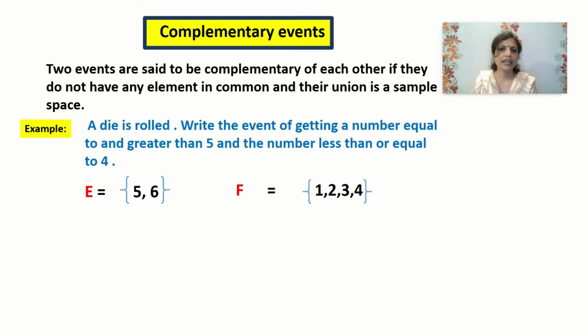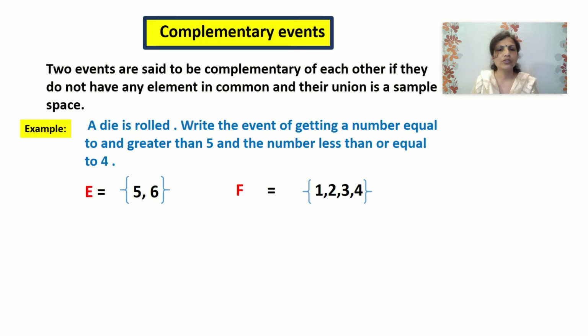Let's consider E be the event of getting a number which is equal to and greater than 5. So event E will be in the curly bracket, the number will be 5 and 6. Second event is, what is the event of getting a number which is less than or equal to 4? So when you throw a die, all the numbers which are less than or equal to 4 is 1, 2, 3, 4. We will write the second event as F.